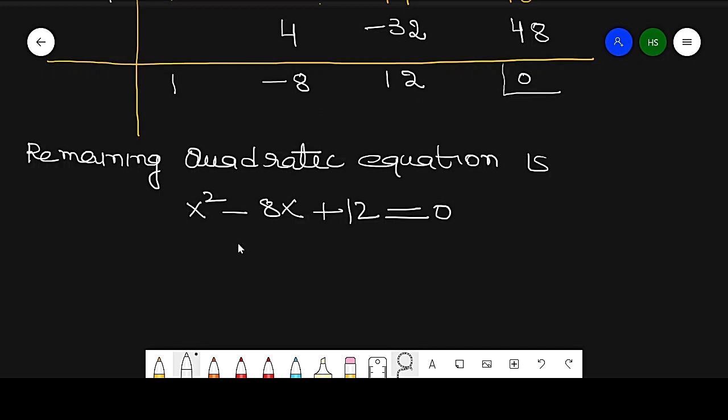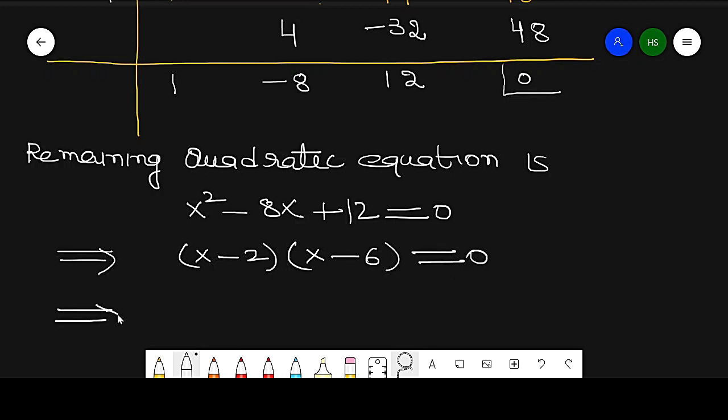We can find the two roots from this equation. This can be written as x minus 2 and x minus 6 equal to 0. So the roots of this equation are 2 and 6.